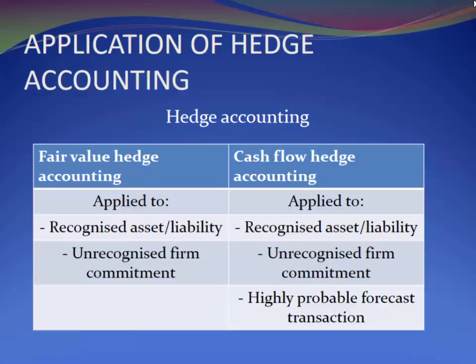Then the same principles apply. Once you've placed the order, it is highly probable that the transaction will happen. Once the risk and rewards have passed over to your company, then of course the transaction has happened, and then you will have the asset, the inventory, on the one hand in your books, and on the other hand the creditor. Right, good luck.